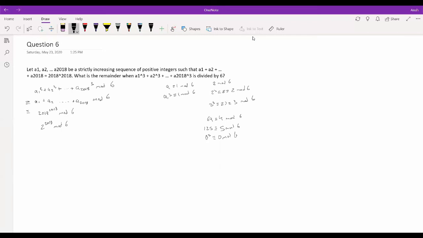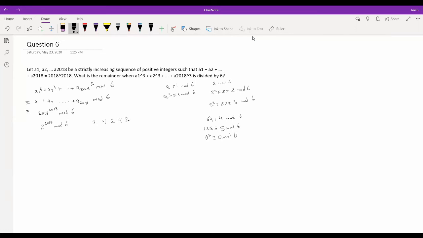All right, so now we can do one of our strategies from earlier. We could do binomial expansion, but what we could also do is just write out the terms. So we know that 2 squared is 4, and 2 cubed is 2. Then 2 to the 4th would obviously just be 2 times 2, then 4 times 2 would be 2 again.